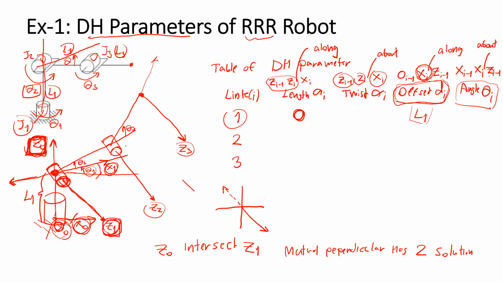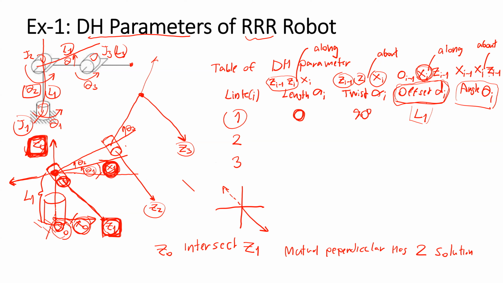So we need to use the right hand rule. The thumb points along X1, and the forefinger points to Z0. Then curl your hand so that the finger moves to Z1. You can see that Z0 and Z1 have a 90 degree difference about the X1 axis.